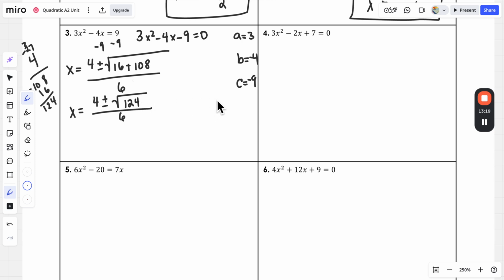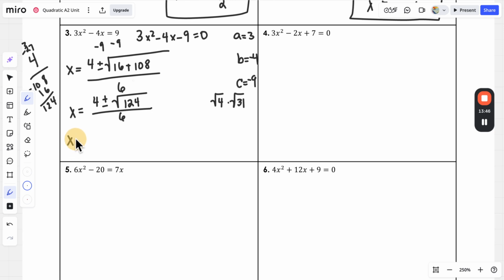124 can divide into 16? No. 124 divided by 4. Okay. 124 divides into the square root of 4 times the square root of 31, which this is a perfect square, this is not.